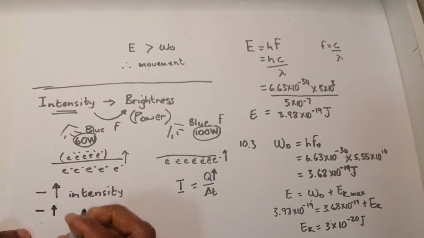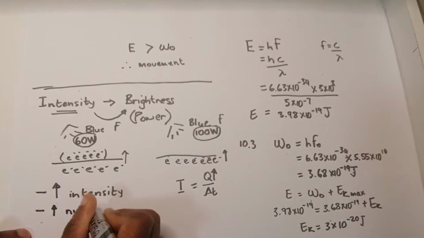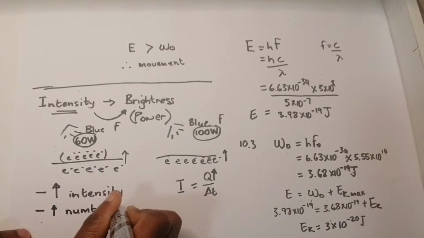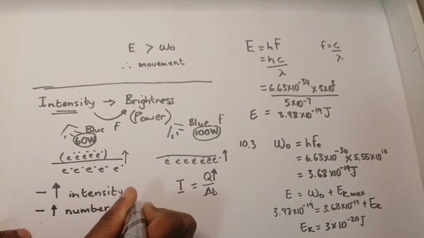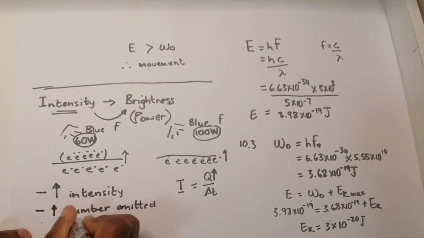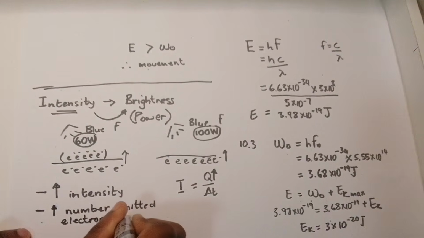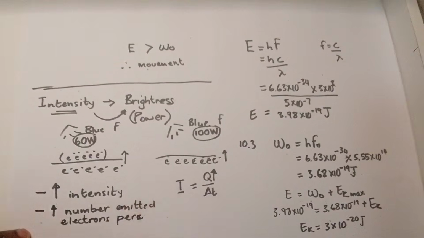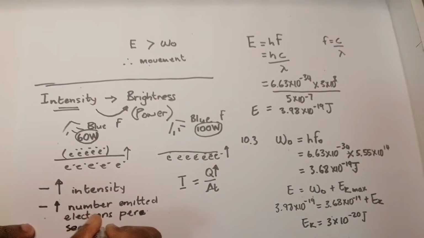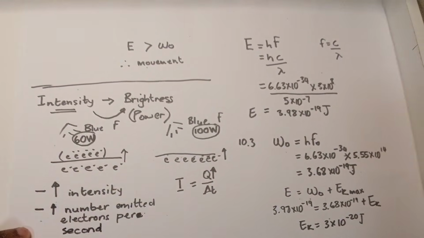So when I increase intensity, I increase the number of emitted electrons per second. Okay, let me write it over there. So I increase the number of electrons emitted per second.